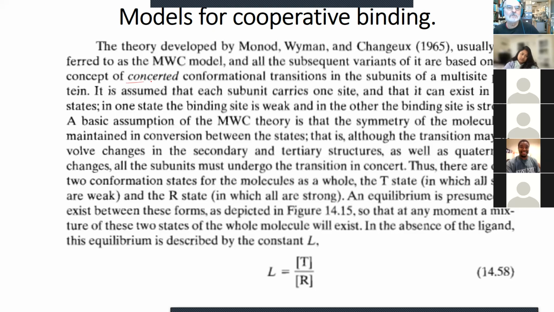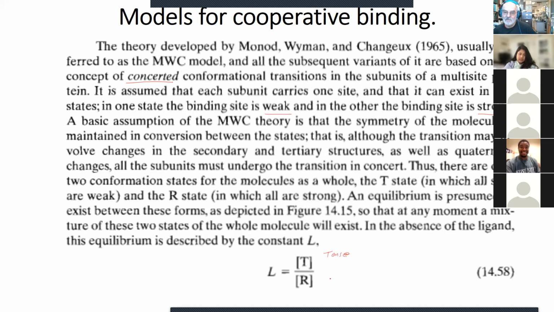Concerted conformational transition, so that the subunits in a multi-site protein convert between 2 forms. There's one form that is weak binding, and there's another form that is strong binding. And the forms have the general designation of T, the low affinity form, and in their nomenclature, they called it tense.